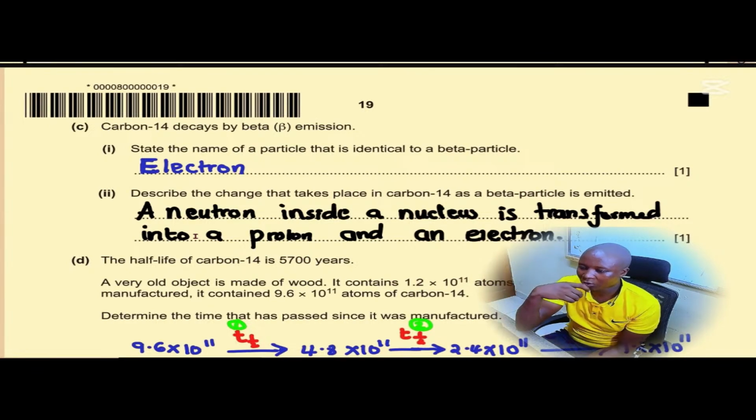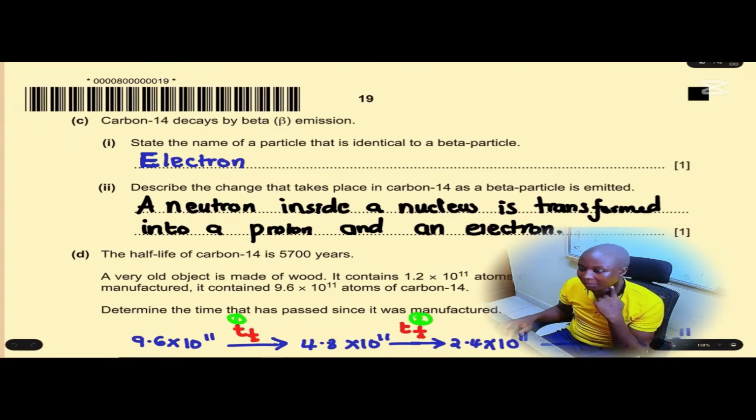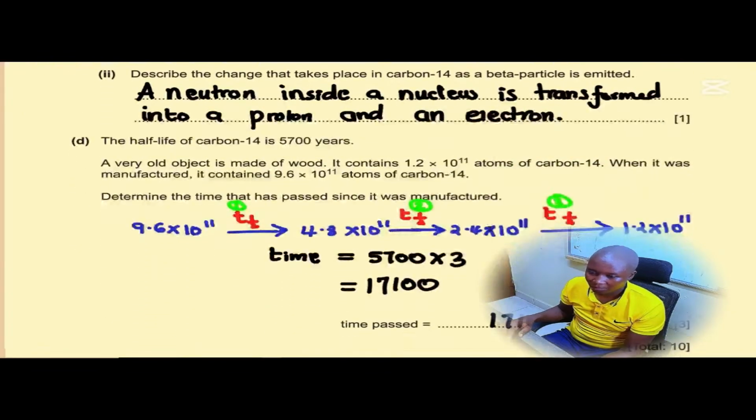So meaning a neutron inside the nucleus is going to be transformed into a proton and an electron. So describe the change that takes place in carbon-14 as the beta particle is emitted: the neutron is transformed into a proton. Half-life of carbon-14 is 5,700 years.